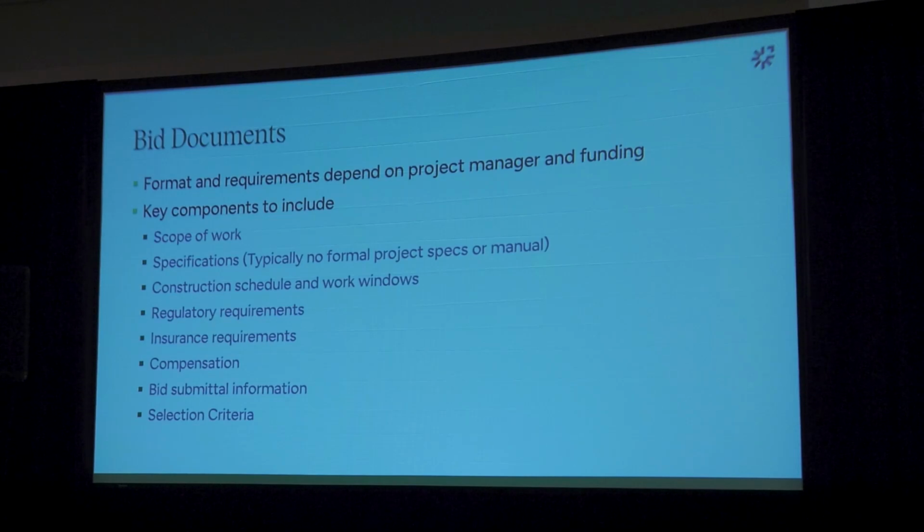Construction schedule and work windows, constraints around that for contractors to know. Regulatory requirements, insurance requirements, compensation. Of course, the contractor wants to know how they'll get paid. And then, of course, bid submittal information, whether it's in person, electronic, when, where, and finally, selection criteria.